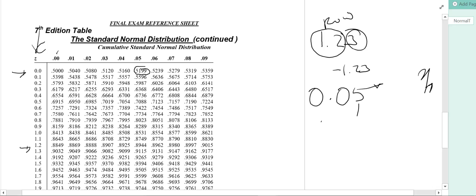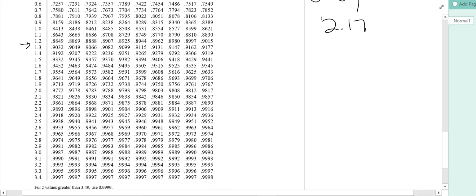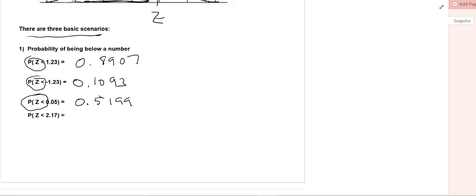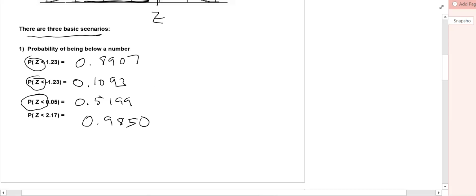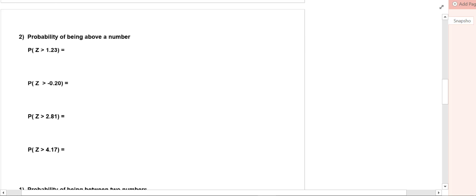All right, so 2.17, that's what we're looking up right now, and looking it up in the table. 2.1 is right here. This 0.07 column is going to be 9850. So that's 0.9850. So that's the first scenario. Second scenario, moving on.